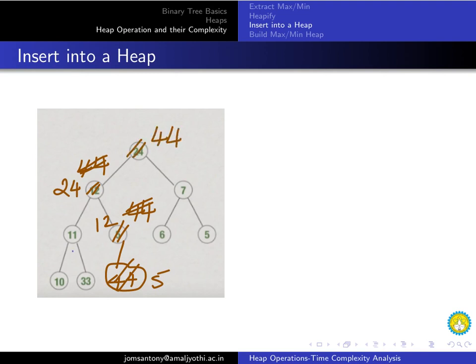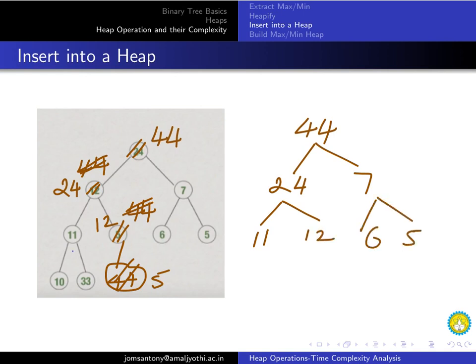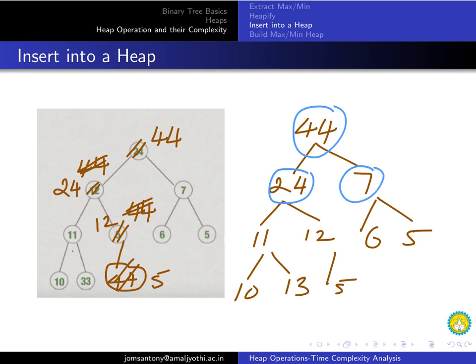So now the new heap has become something like this: 44, 24, 7, 11, 12, 6, 5, 10, 33 and 5. So this maintains a heap property.